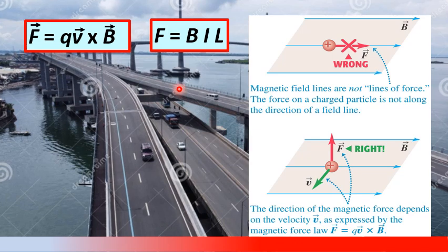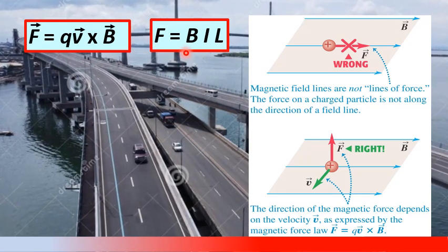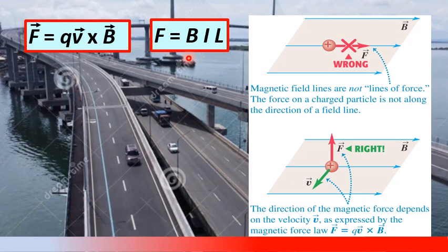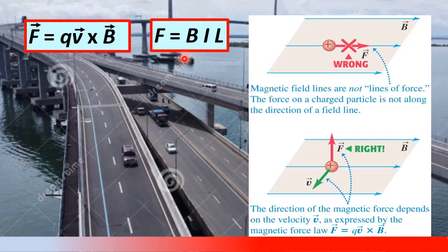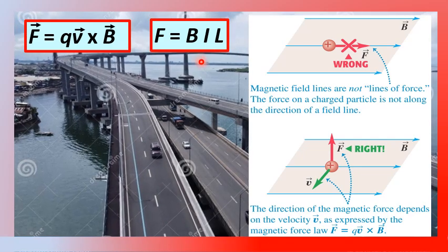whose magnitude F can also be determined by multiplying the magnetic field B by the given current and the length of the conducting wire.